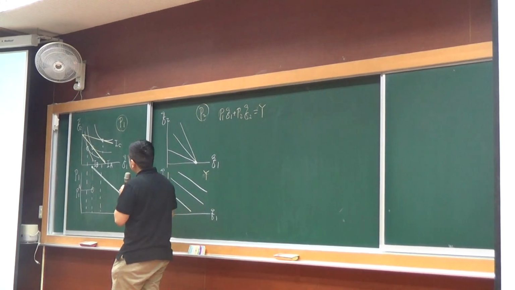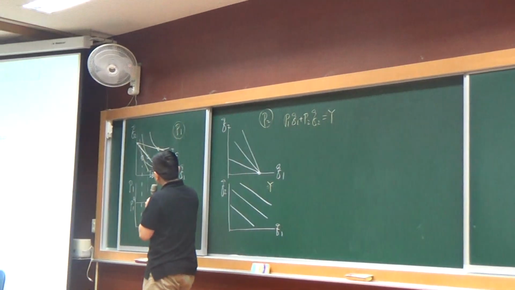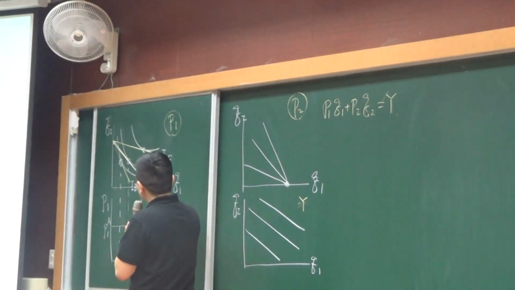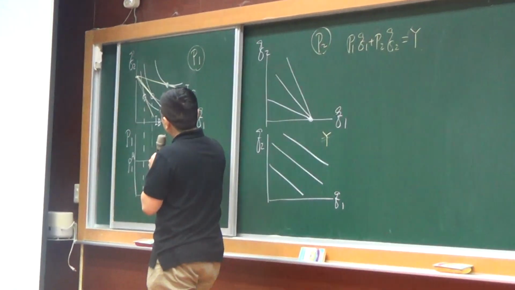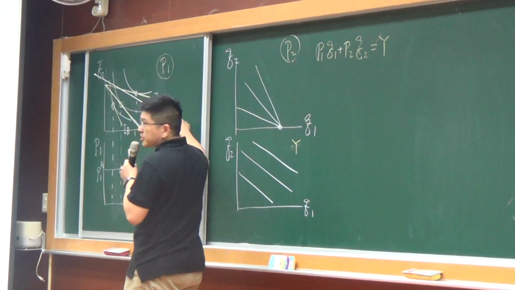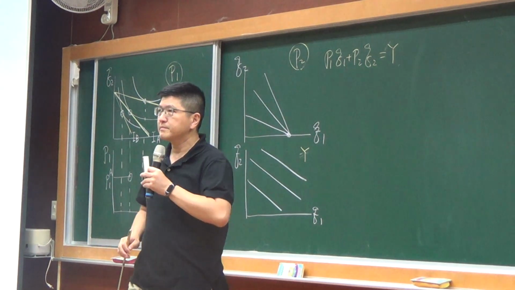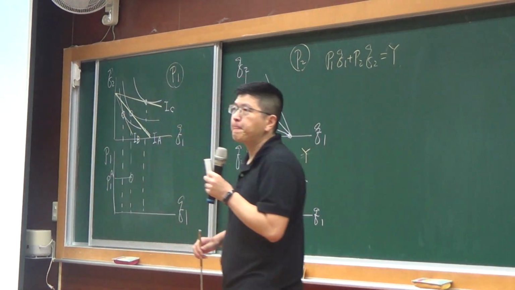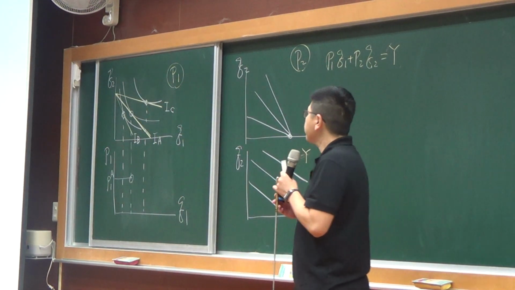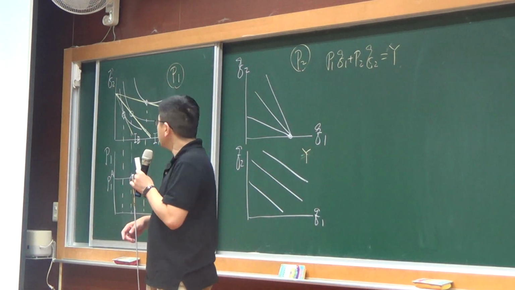We have budget constraint, say IA, income budget constraint, and IB and IC. So the change in which variable do we have? Which variable has changed in this case?